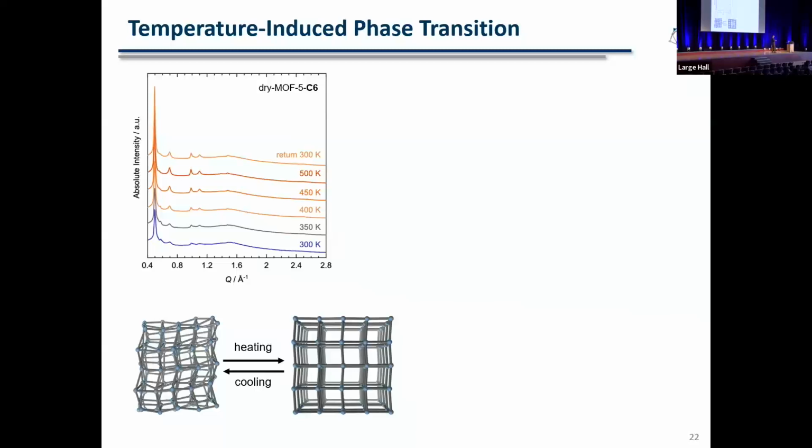You all know when you want to solve the crystal structure of your next great MOF, you go to a single crystal diffractometer and you cool it down to 100 K in order to get the most intense reflections. Here it's different. It's the other way around. So basically the Debye-Waller factor is telling you to get an attenuation of X-ray scattering with increasing temperature, but here it seems not to be the case.